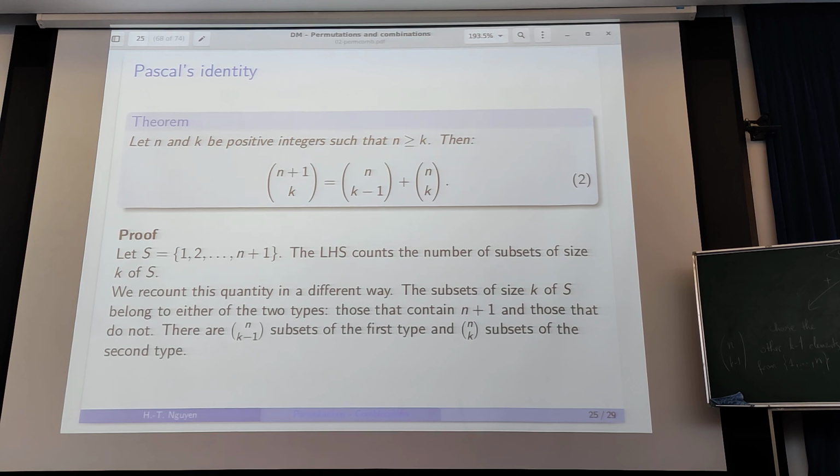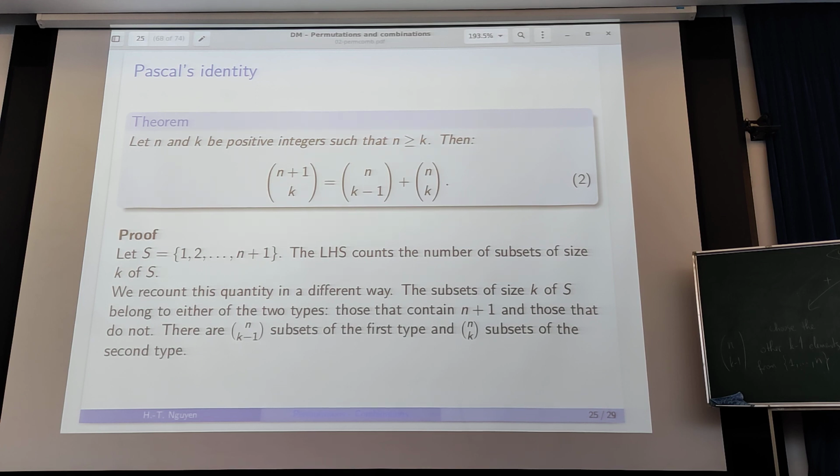And now, the other case is that our subset doesn't contain n plus 1. That means that in this case, instead of choosing k minus 1, we need to choose k elements from 1 to n.